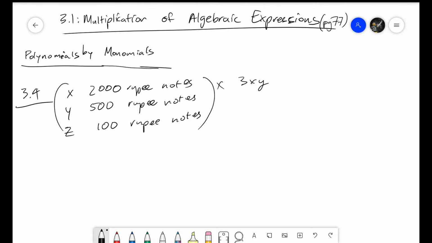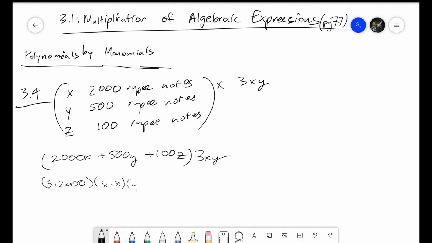To do this, the total money in the first bank is equal to 2,000x plus 500y plus 100z. And then to find the amount of money in the second bank, you would multiply that by 3xy. This is 3 times 2,000 times x times y, plus the product of these two terms, which is 3 times 500 times x times y.